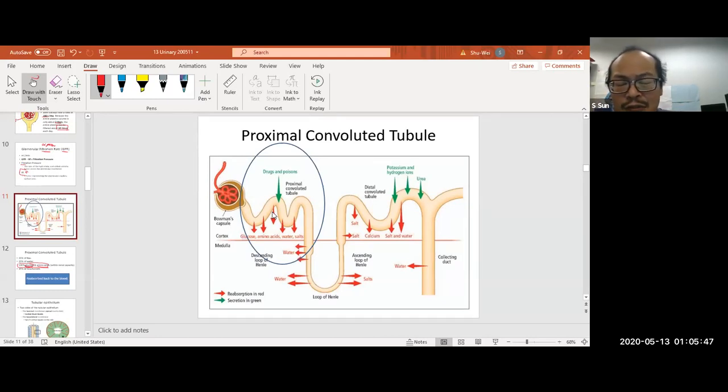You will be given options like proximal convoluted tubule, loop of Henle, ascending, descending, distal convoluted tubule, collecting tubule, collecting ducts. Please don't choose the other ones. Just choose the proximal. Proximal is the very beginning of the nephron, and all these essential substances are reabsorbed in the proximal convoluted tubule. Can you do that? Yes, thank you.